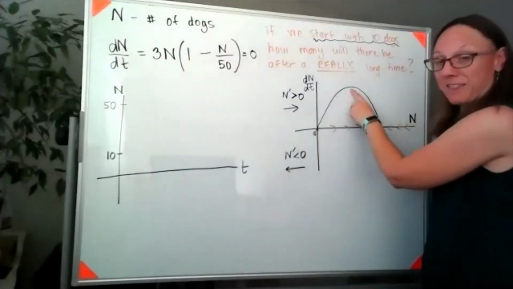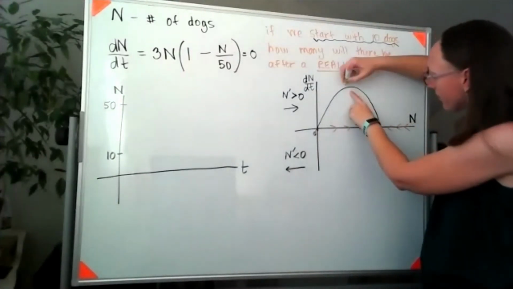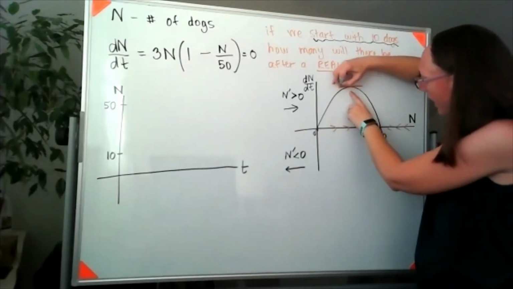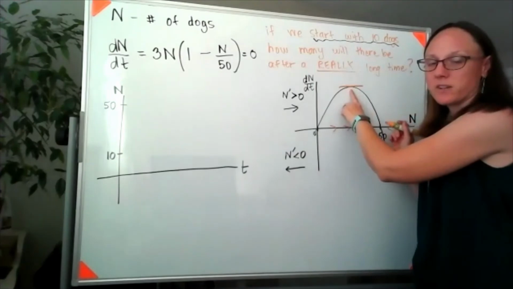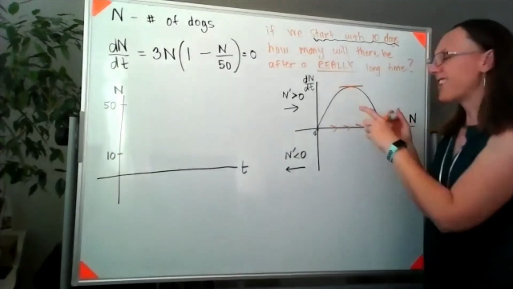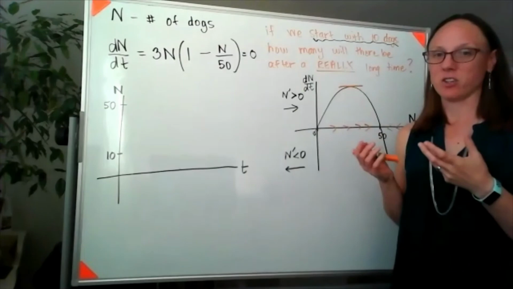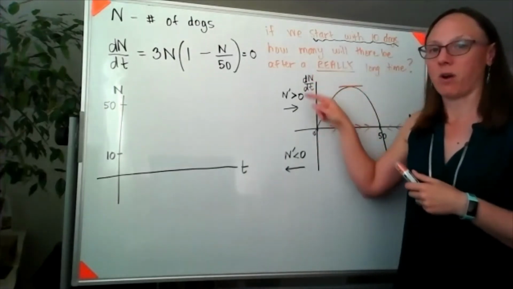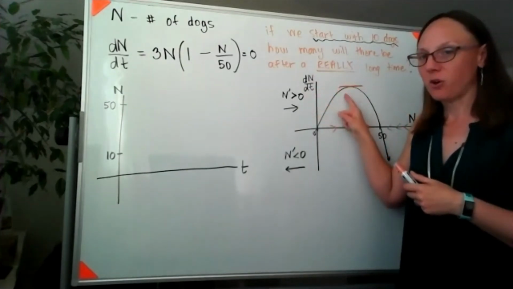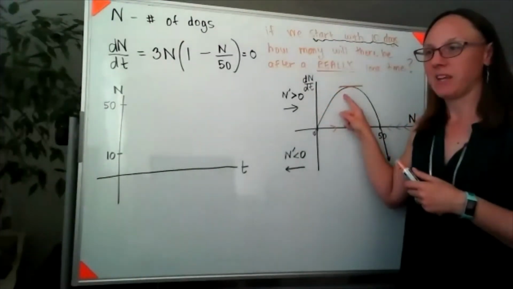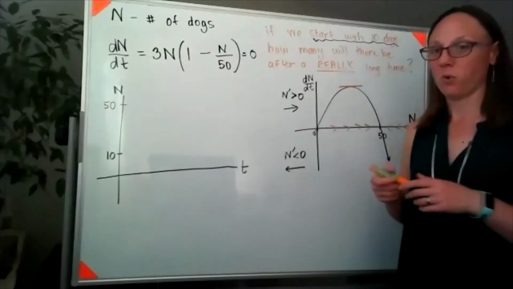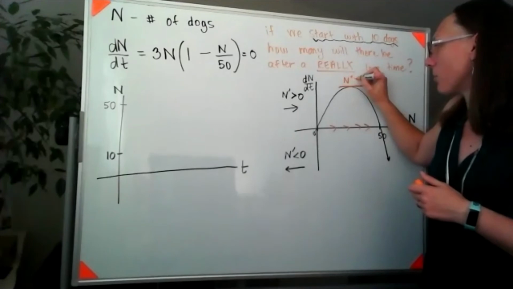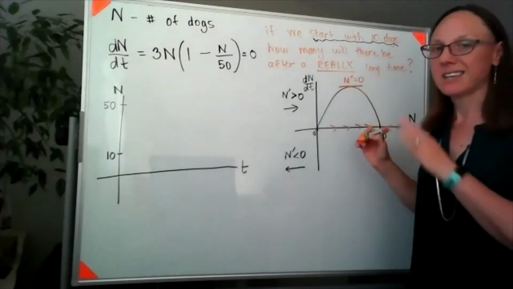Up here, at the maximum value on this curve, I know that that slope is equal to 0. But it's not the slope in the sense of the derivative of n, because this curve is already n prime. So if the slope up there is equal to 0, it's like the slope of the slope. Or I can think about that as telling me n double prime is 0. It's not quite right.